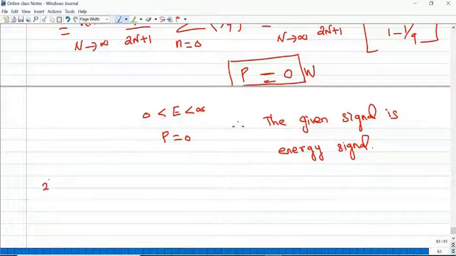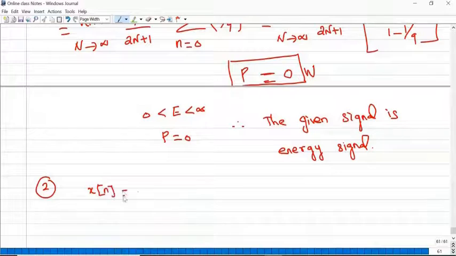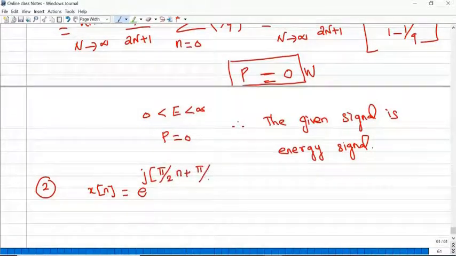Second problem. X of n equal to e power j pi by 2 n plus pi by 8.